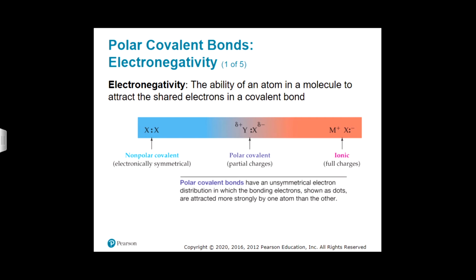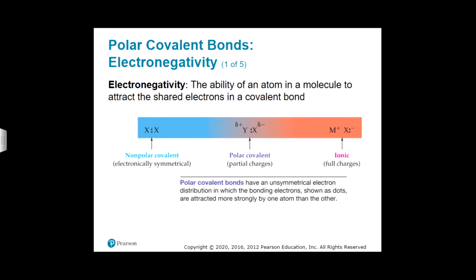Since these atoms are sharing electrons, the charges are partial. We don't have actual ions, but there is still some positive charge associated with atom Y and some negative charge associated with atom X, and so we have an electric dipole that points away from atom Y and towards the partial negative charge on atom X there.